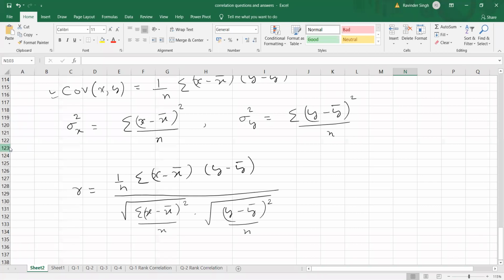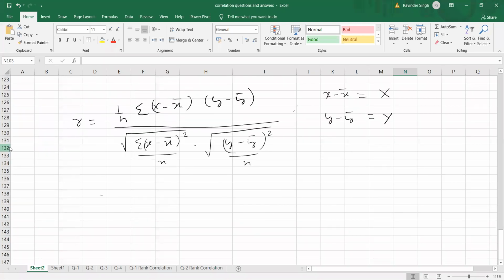All right. So now make it more simplified. I will represent x minus x bar as capital X and y minus y bar as capital Y. So here 1 by n will come out and this 1 by n gets cancelled out everywhere. The only thing which remains here is summation of capital X, capital Y divided by square root of summation of capital X whole square into summation of capital Y whole square.